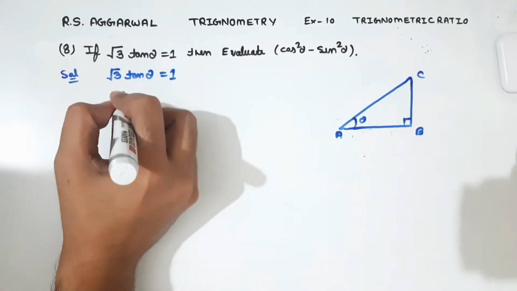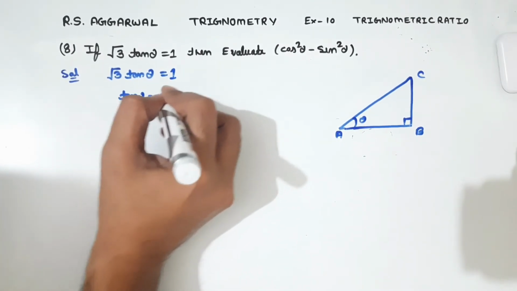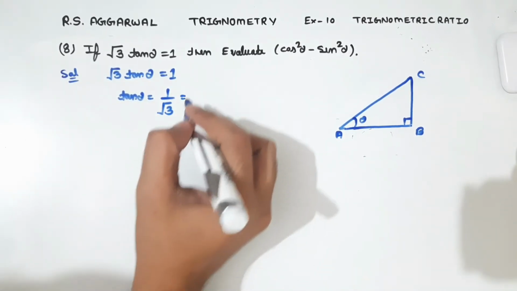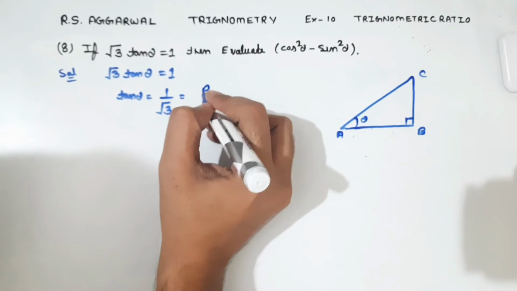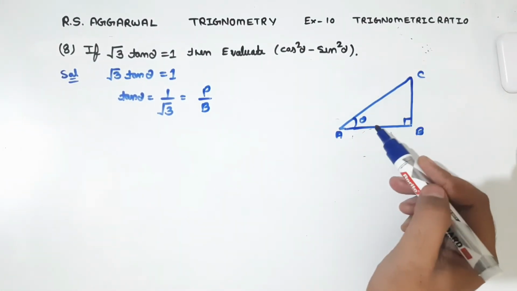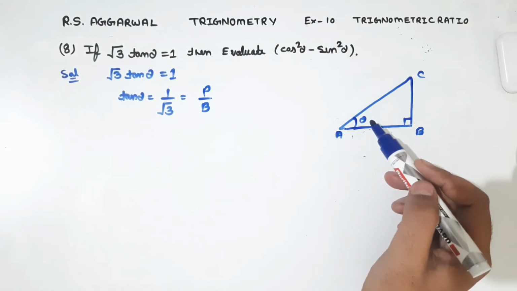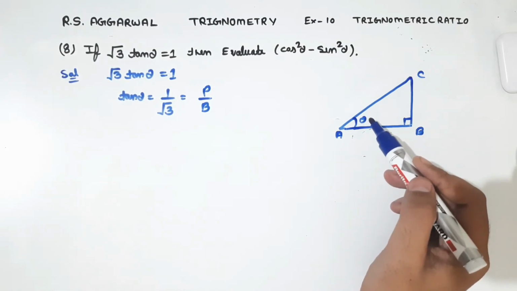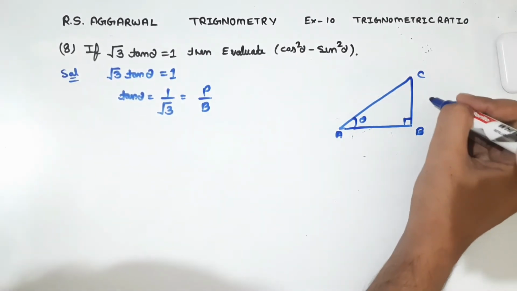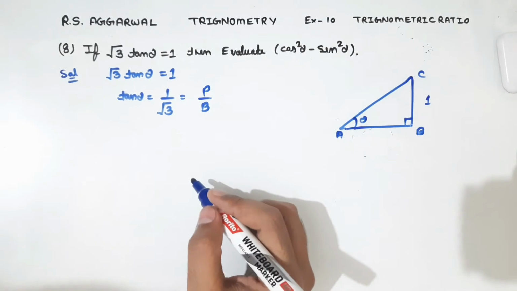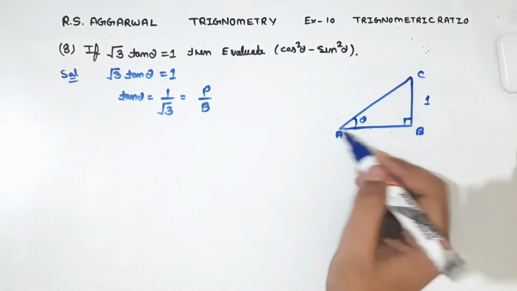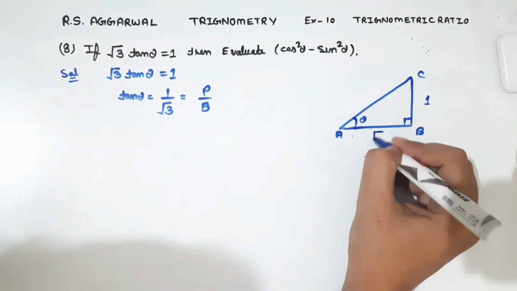So from here tan theta will be equals to 1 upon root 3, and we know that tan theta is given by perpendicular upon base. So in right angle triangle ABC whose angle is theta, so side opposite to angle theta will be perpendicular, that is 1, and side adjacent to angle theta will be base, that is AB, which is root 3.